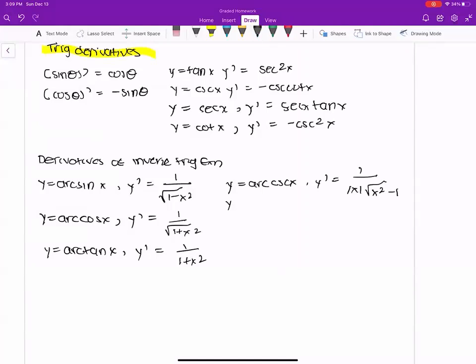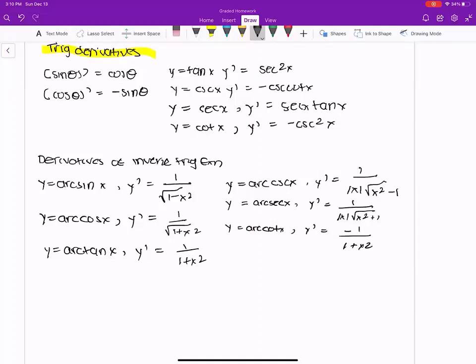Y equals arc secant of x, y prime would be 1 over x root x squared plus 1. Y is equal to arc cot of x, y prime would be negative 1 over 1 plus x squared.